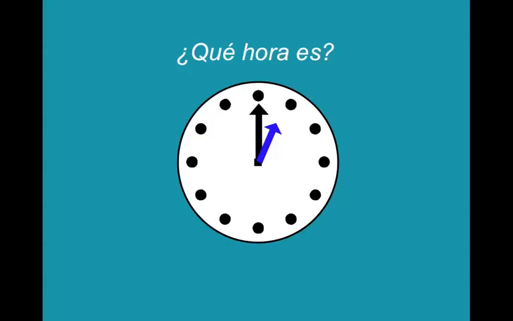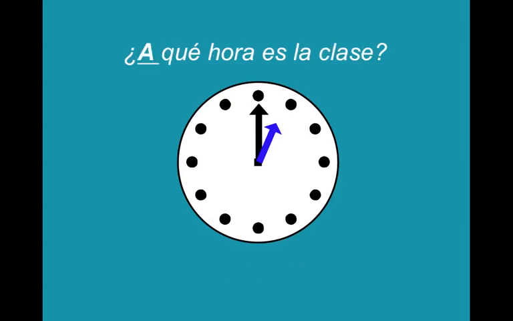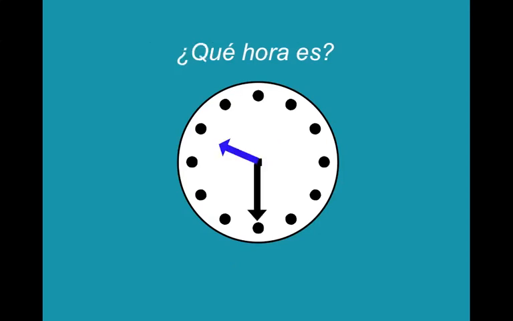So let's see if you can do this practice. ¿Qué hora es? Es la una. ¿A qué hora es la clase? Es a la una. It's at 1. ¿Qué hora es?